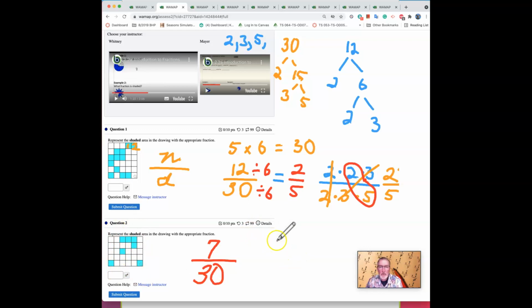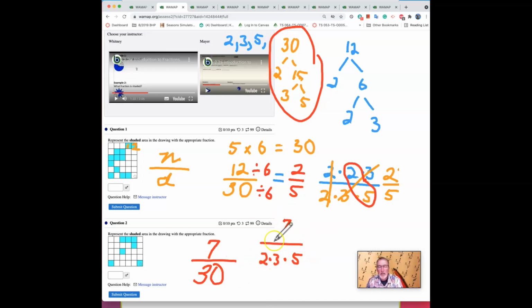So this time, if we try to do a prime factorization, we get 7, and 7 is already prime. And then for 30, we can use this prime factorization up here. We'll get 7 over 2 times 3 times 5. And in this case, when we play Go Fish here, do you have any 2s?